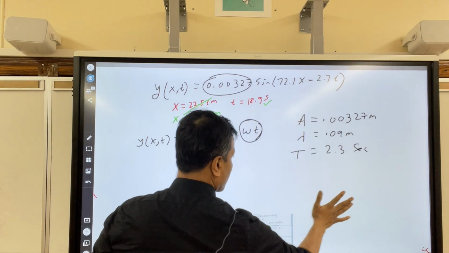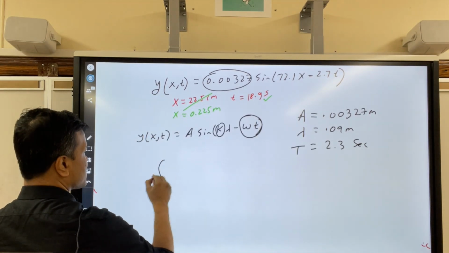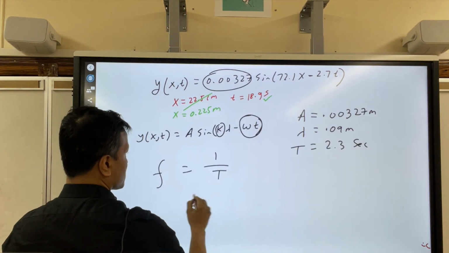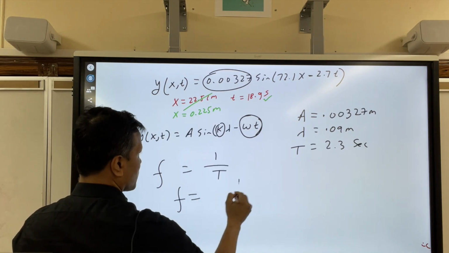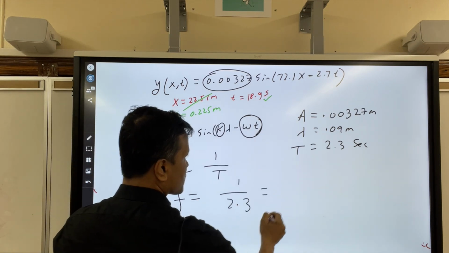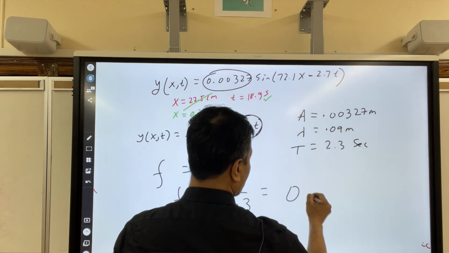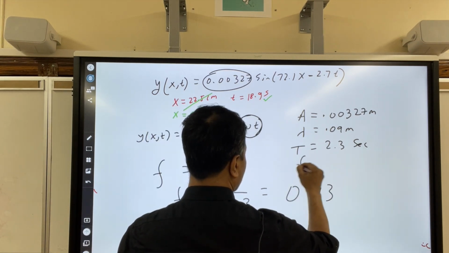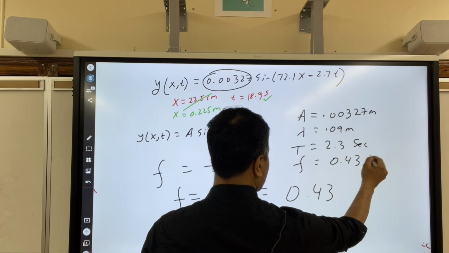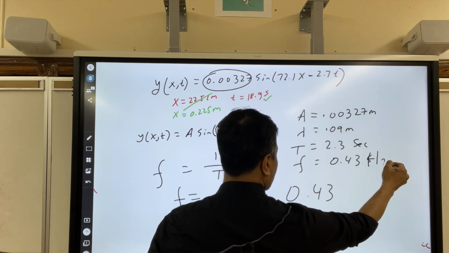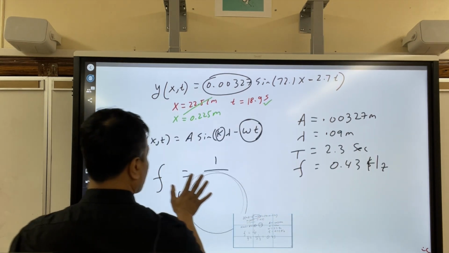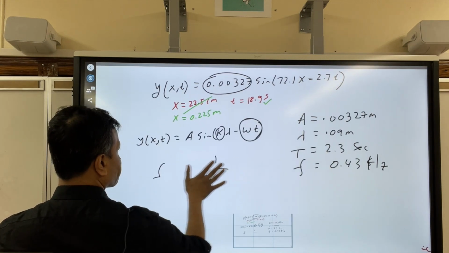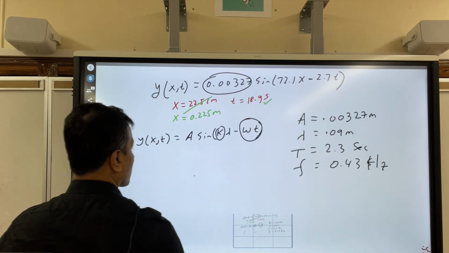Now we're going to find the frequency. Frequency is 1 over period. So frequency is 1 over 2.3, which is 0.43. So frequency is 0.43 hertz. Okay, after frequency, we're going to find maybe velocity.